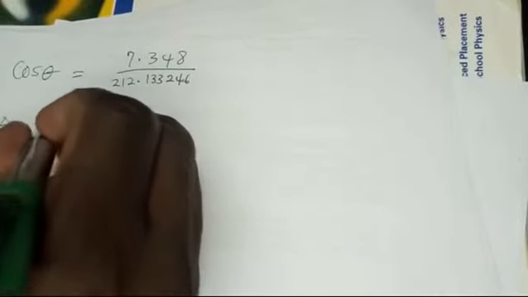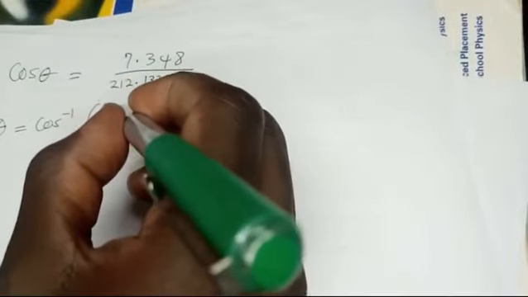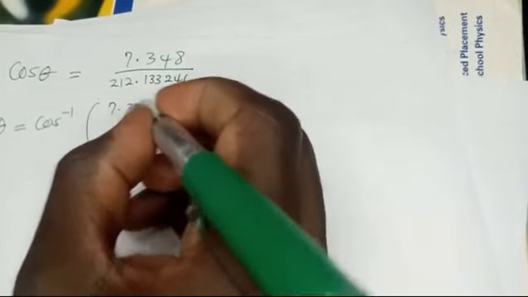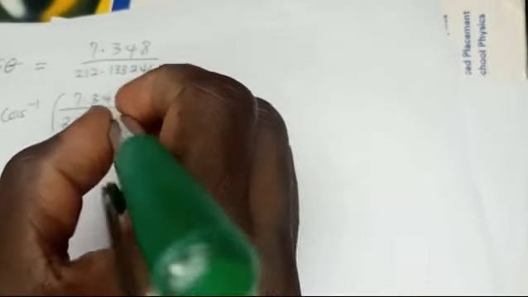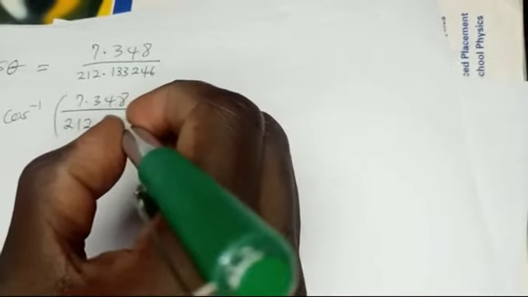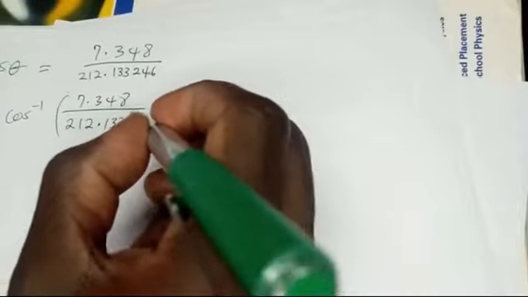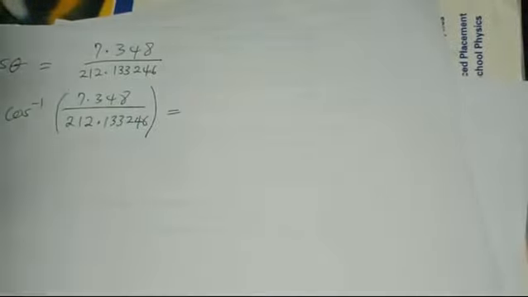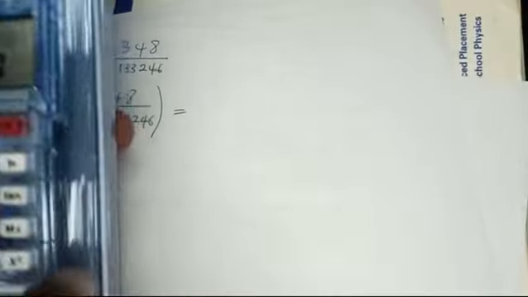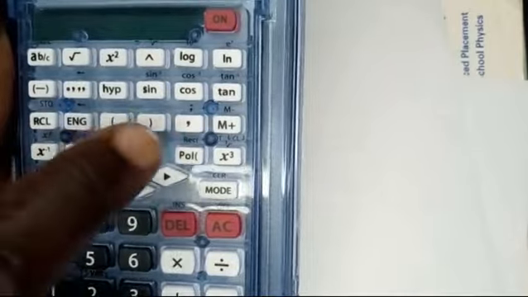Theta is equal to cos inverse of this fraction, 7.348 divided by 212.133246, close bracket, and this is equal to, now bring the calculator as before. If you want to use cos inverse, make sure you press shift and then look for cos.